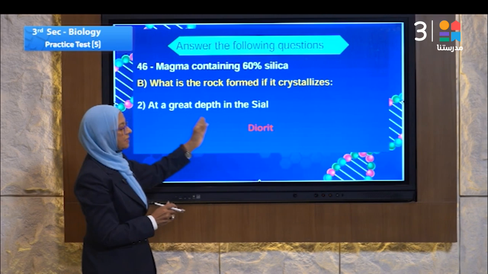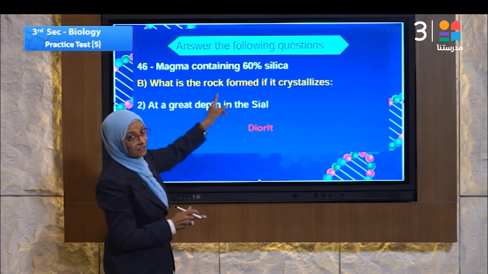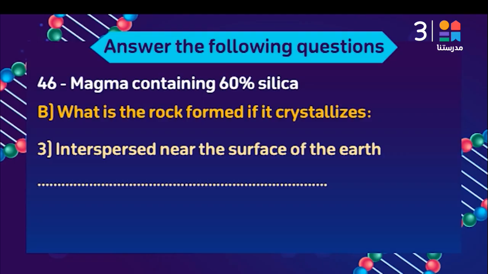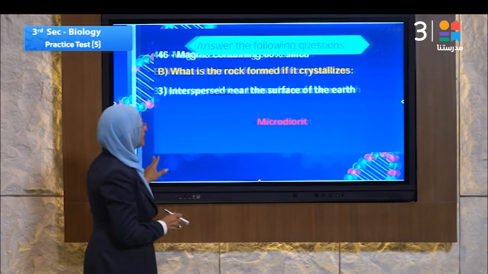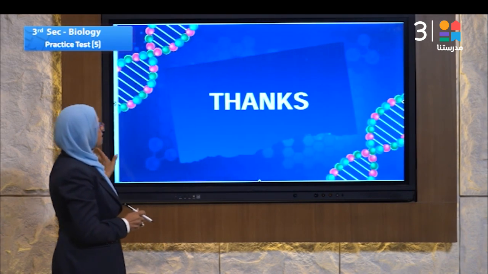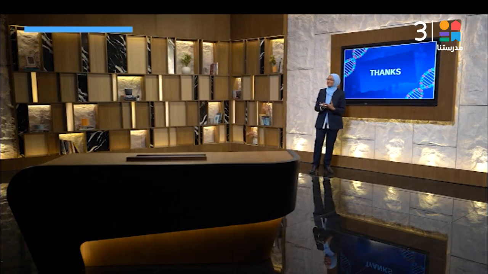It must be diorite, 60% of silica in the same question. So, the other part B, what is the rock formed if it crystallized near the surface of the earth? As 60% of silica again, it may be microdiorite. So, we finished the question. Thank you very much. Wish you good luck.